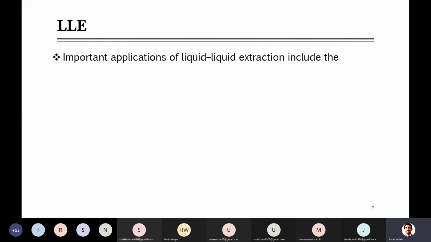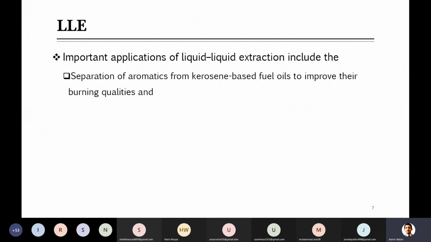Where is liquid extraction commonly used? There are some common uses of the liquid extraction technique, for example, separation of aromatics from kerosene-based fuel oils. You know that these aromatics are not good at burning, so in order to improve the burning quality, those aromatics can be removed.